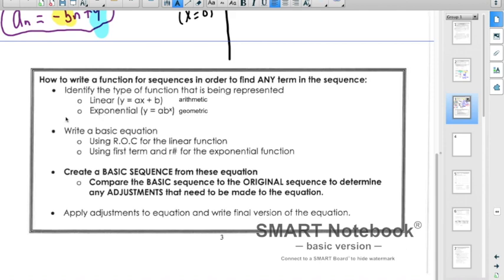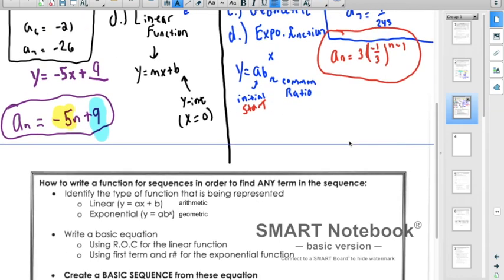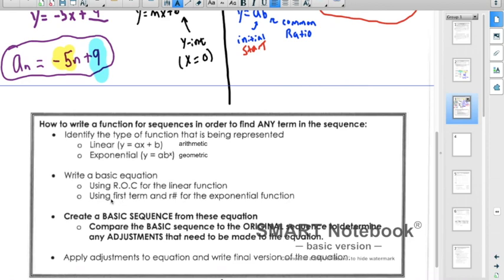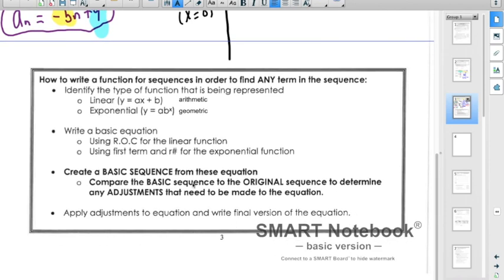That would be your step 1. Step 2, write a basic equation, which we did up here. Here's my basic equation. My other basic equation I actually erased. And then you want to find the first term for geometric, and then you want to find actually the 0th term for arithmetic. And then you want to create a basic sequence.